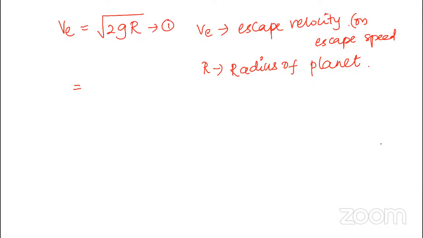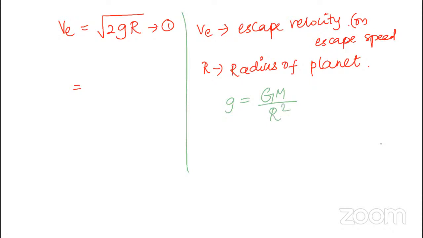Okay, so already we know the value for g. g is equal to GM by r square.